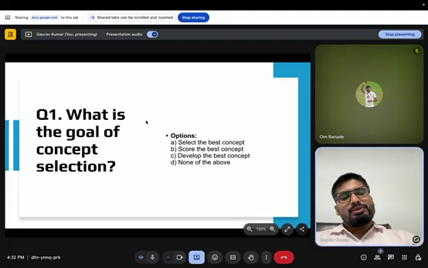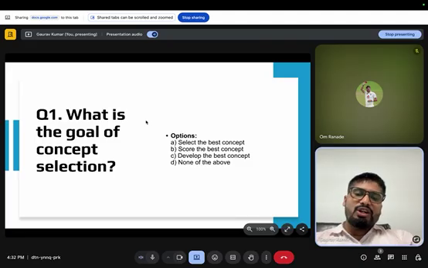In the context of systematic design methodology, the primary goal of concept selection is not merely to pick one option from the list but to enhance and develop it into a superior, balanced and manufacturable concept.